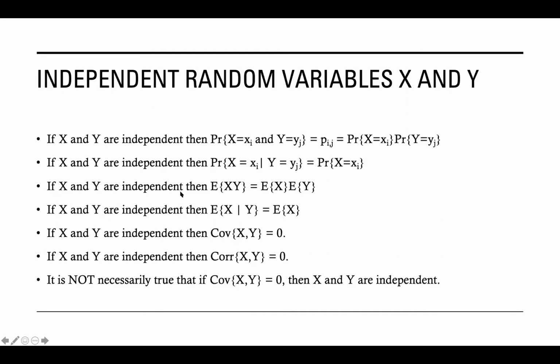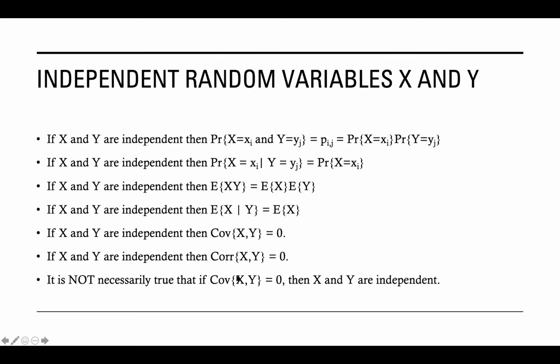If X and Y are independent, then a consequence of their independence is the expectation of X times Y equals the expectation of X times the expectation of Y. If X and Y are independent, then the expectation of X given Y is just the expectation of X. If X and Y are independent, then their covariance is 0.